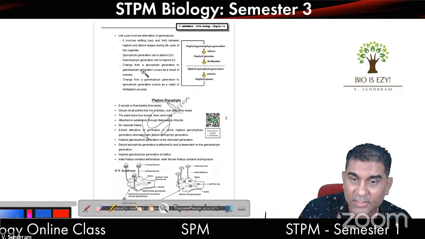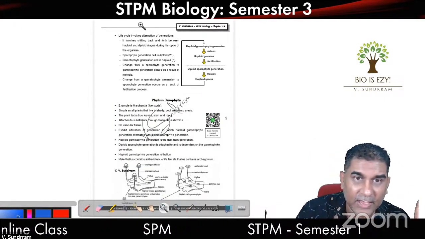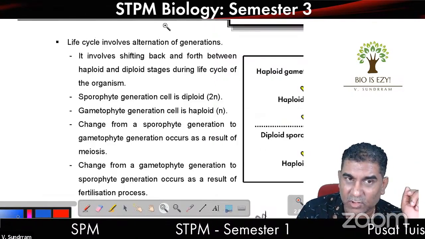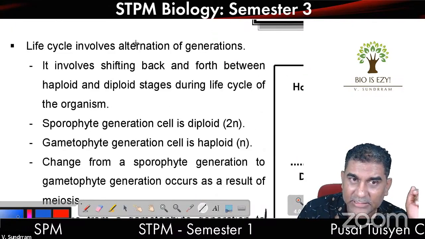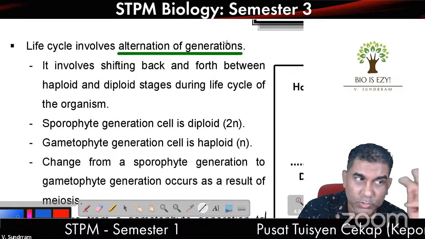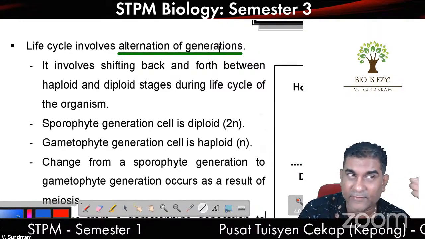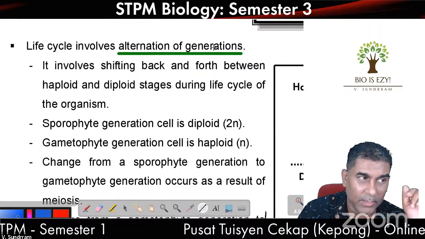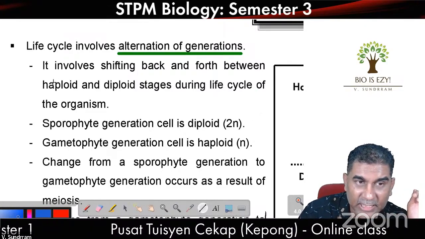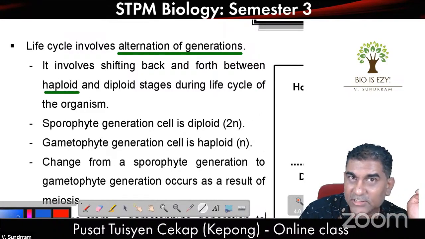Okay, now under these plants, we have this unique explanation we call alternation of generation. So there are 2 generations that have differences in the genetic contents. There is a haploid generation.